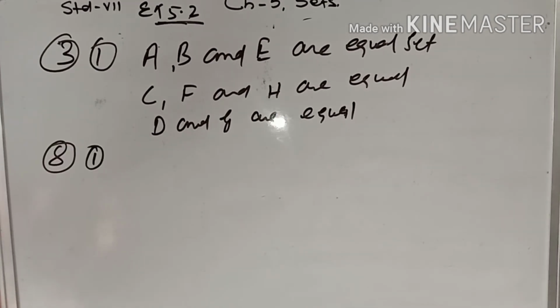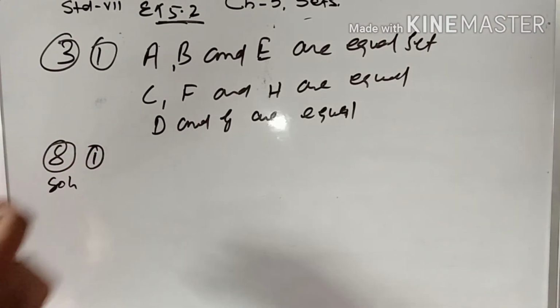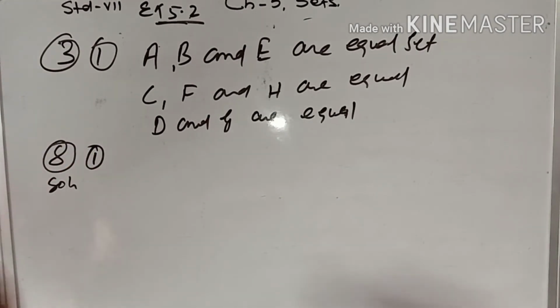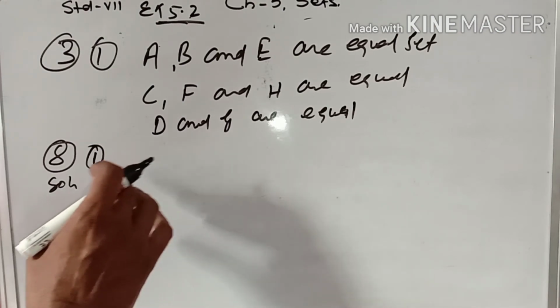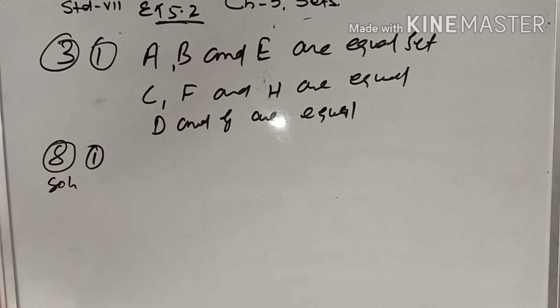See question number 8, this is a very important question. It is given, if I am just doing solution only, it is given if A equal to x as that x, 2n equal to n is less than 5, so means universal set.